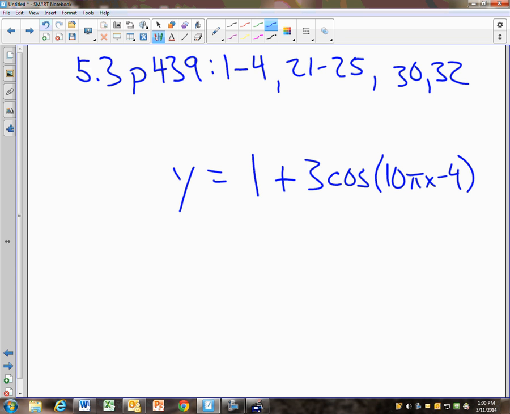If your book gave you a problem like y equals 1 plus 3 cosine, where could you move that 1 plus to? Plus 1, yeah. So sometimes people put the vertical shift in front, sometimes people put it in the back. Maybe they put it there for the order. Maybe that's it. Vertical shift, amplitude, period, horizontal shift. I guess that's the order. I never thought about that. Yes, you may.